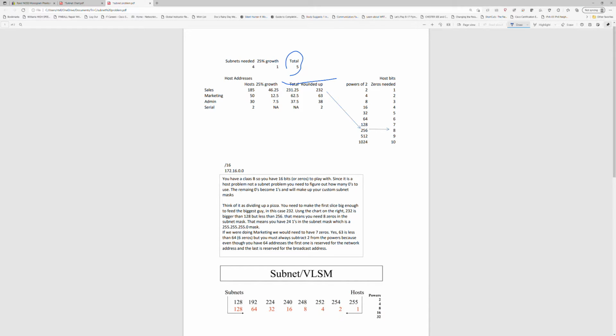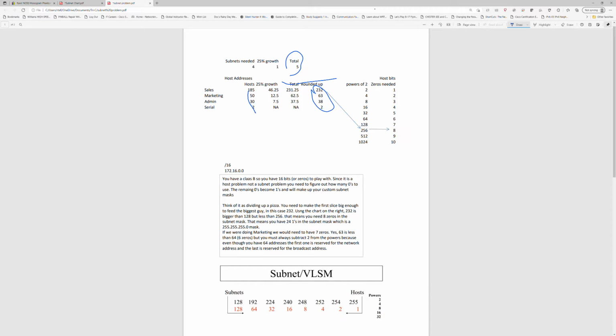The different groups are listed here, taking in the 25% growth and then rounding up to the next integer, we get this group of addresses. Now, we don't worry about the serial connection because the serial connection is a point-to-point, so you don't have to worry about increasing that. That's going to be 2 no matter what. But we have a host number of 232.